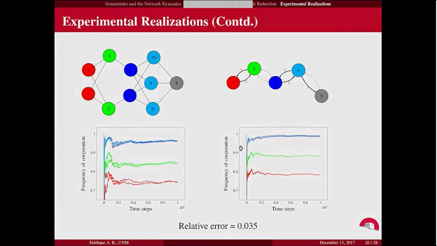The nodes in the same cluster produce the same time average dynamics. The left figure represents the simulation in the full network, and the right shows the results in the quotient graph. We can see that the quotient simulation follows the full simulation, and the relative error we find is around 3.5%.